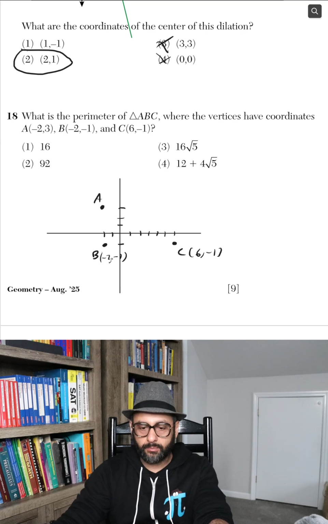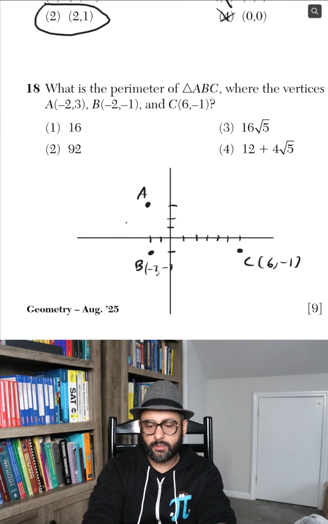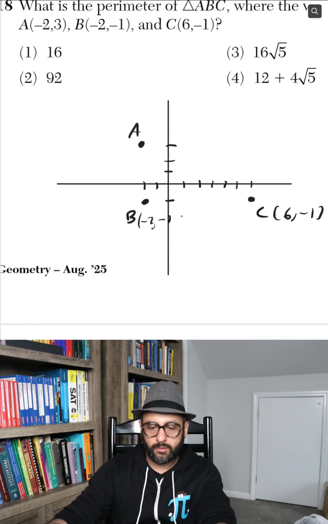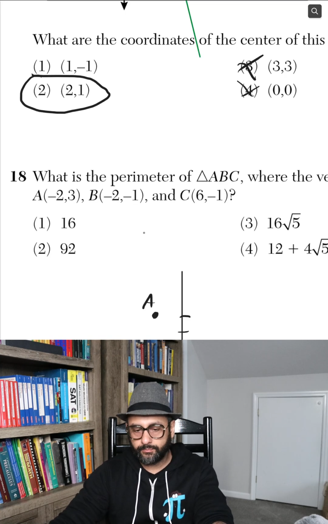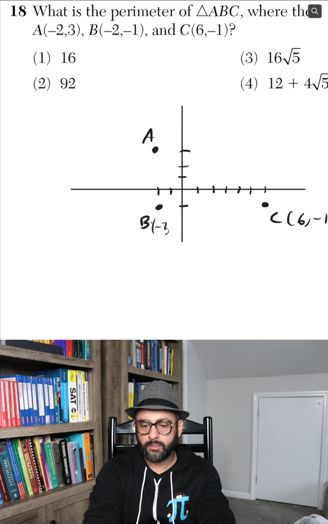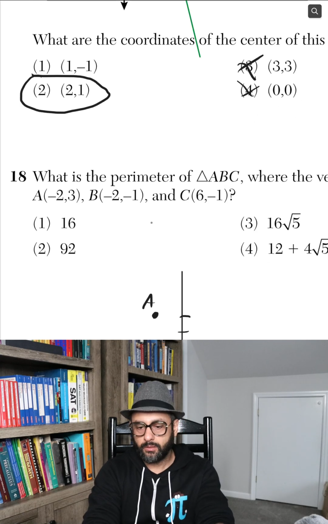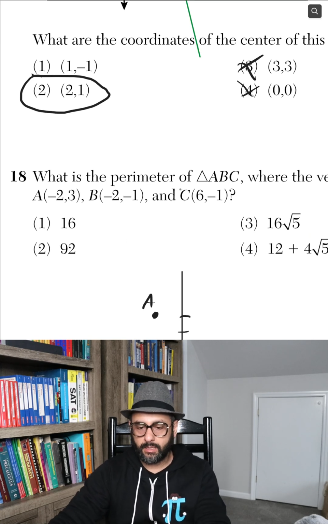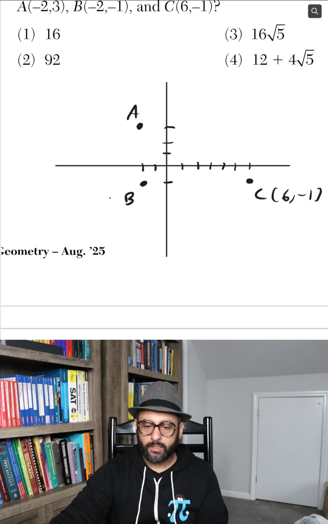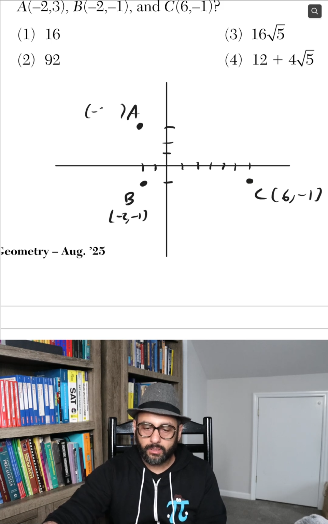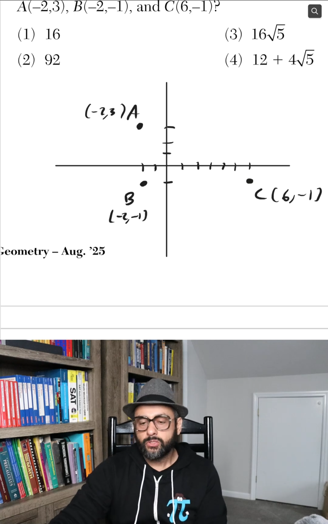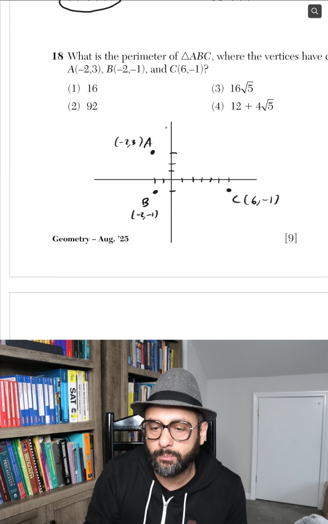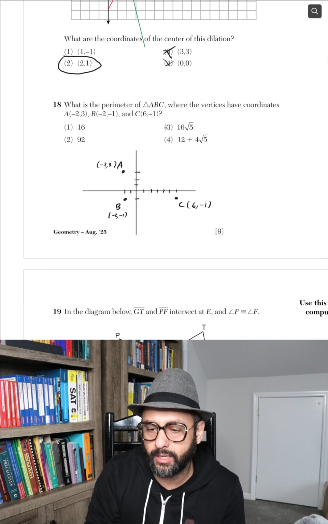Let me make that a little bit more visible. I don't know why it's hopping like that, but okay. (-2, -1), and A is (-2, 3). Okay, so I have the coordinates, and they want the perimeter of this triangle.